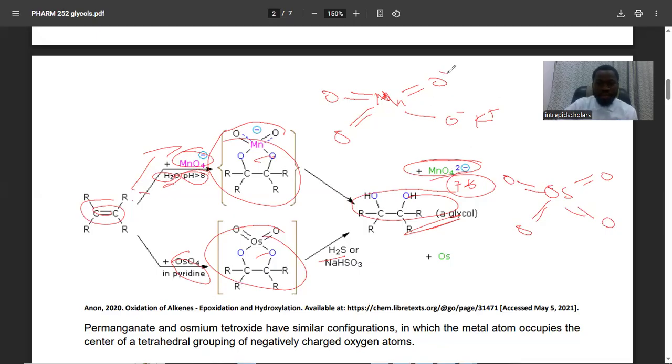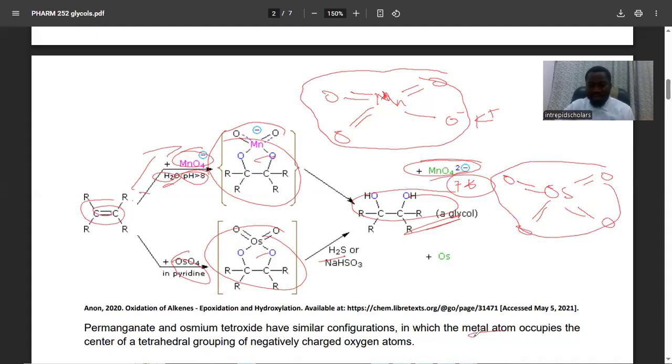Now, if you look at these two, this permanganate ion and this osmium compound, they essentially have the same shape, right? They have a metal which occupies the center of a tetrahedral grouping of negatively charged atoms. It is this particular configuration that will enable them to form this metallocyclic intermediate.